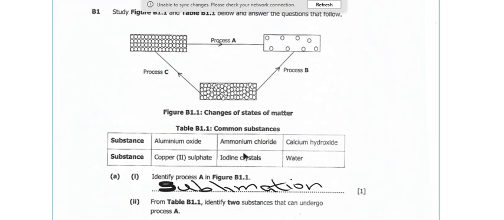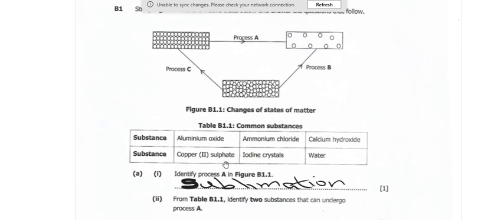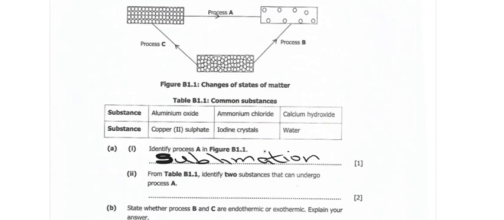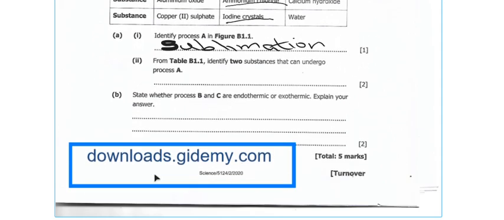So we get them from this table, and it is iodine crystals and ammonium chloride. So those are two substances.